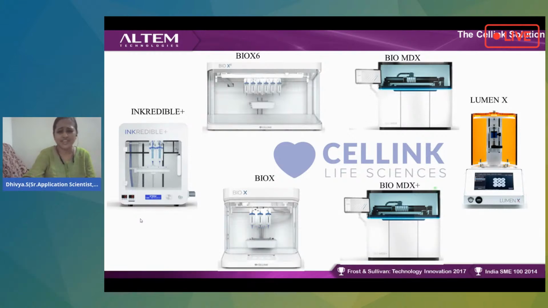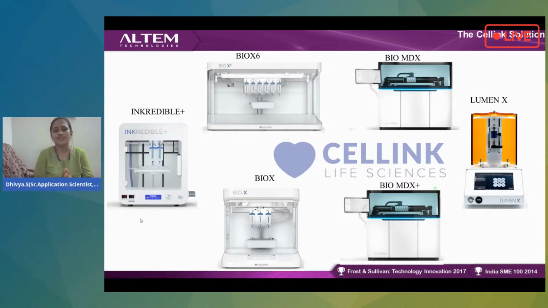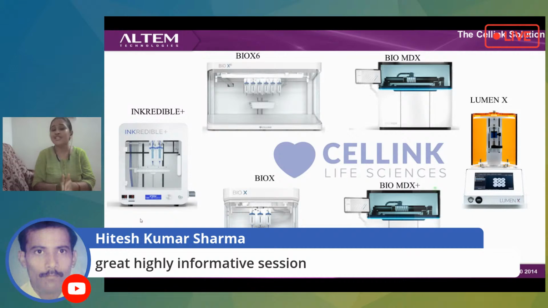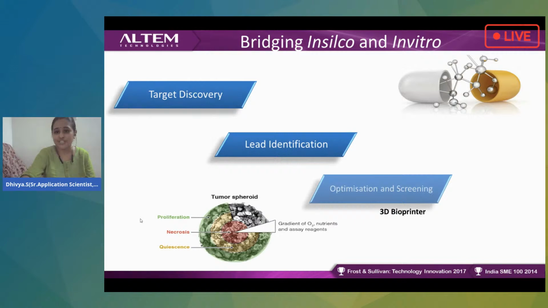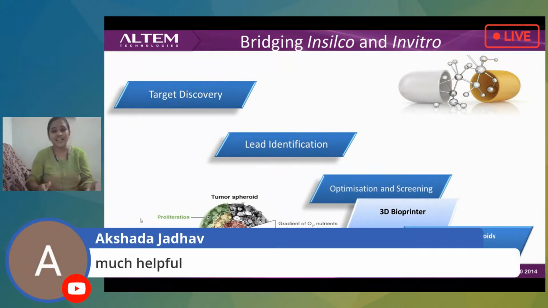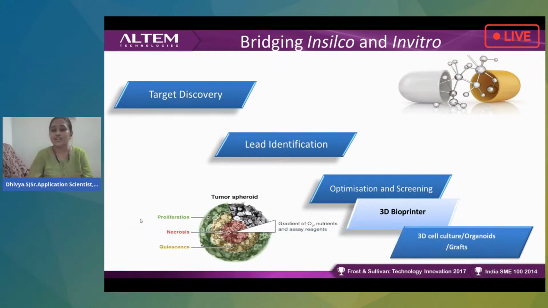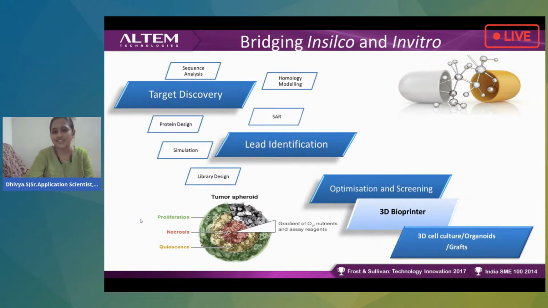And further, as I stated, this is a convergence of technologies, right? One technology alone cannot give you the solution. So we have other synergetic solutions using BioVia. You bridge your technology in silico with in vitro, from target discovery, lead identification, and optimization screening, to 3D printing, and going for 3D organoids or drafting.